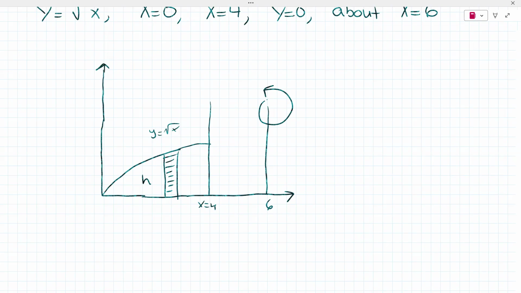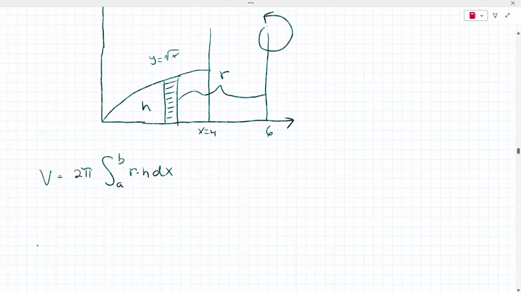So a to b. And then what is our radius? This is our radius, from this distance here to this distance there. So it's volume equals 2 pi from the integral a to b of r times h dx.